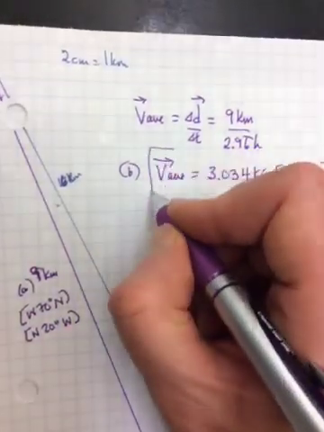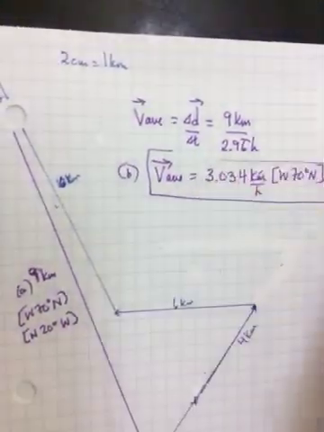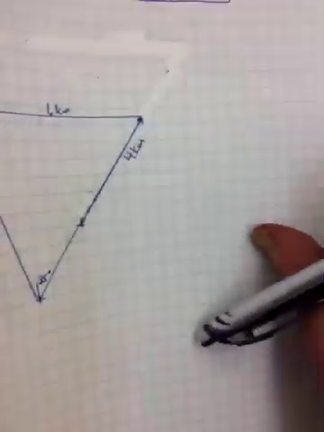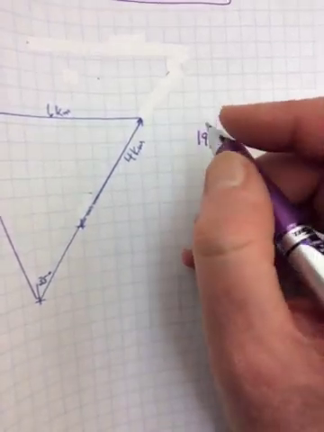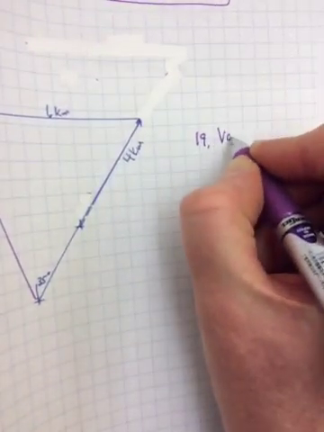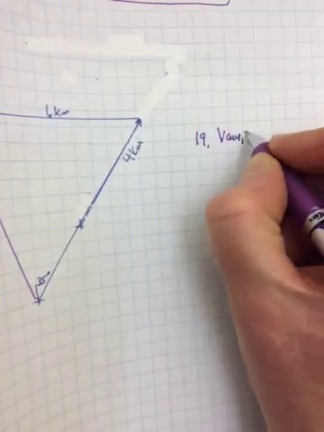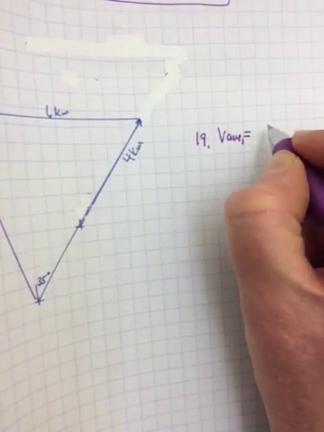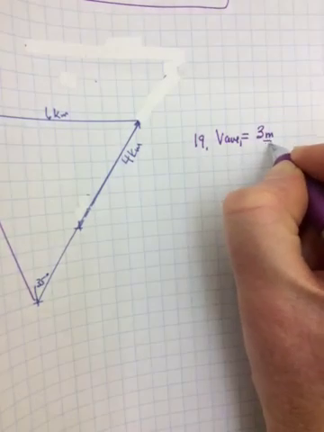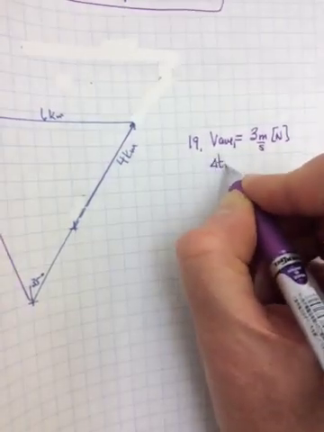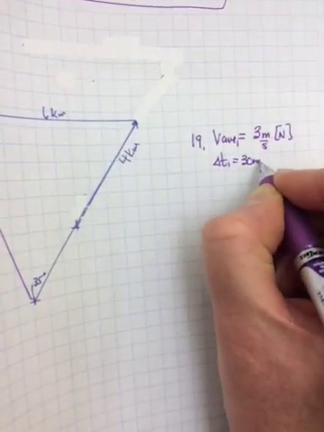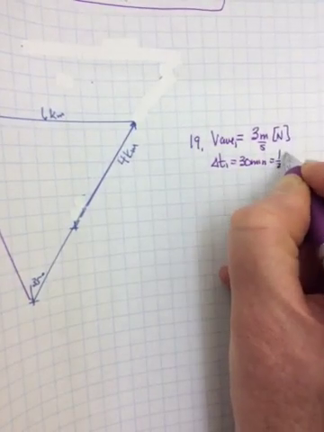Okay? All right, as promised, let's go back to number 19 if you happen to be in the class where we didn't finish it. So number 19 told us that first his v_av1 was 3 meters per second north, and that he did that for 30 minutes, which of course is a half hour.